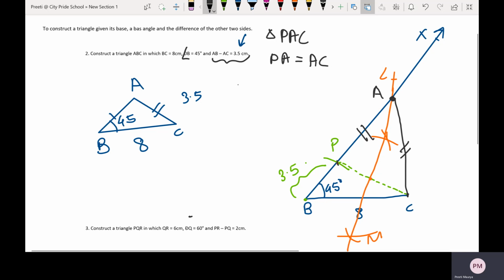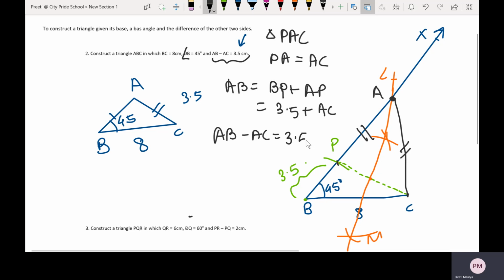Now let us look at the side AB. Side AB is nothing but BP plus AP. BP is 3.5 and AP is equal to AC. So I've got AB minus AC equal to 3.5, and hence the construction.